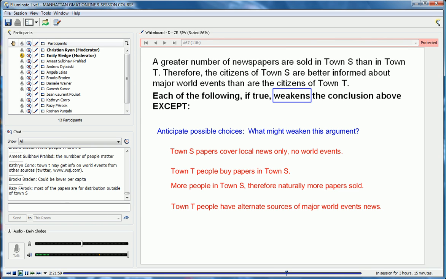Brooks, you want to add to that? Yeah, what I was thinking was that even though there's more sold in Town S, it might be a smaller percentage of the populace than in Town T. So, like, you could have everybody in Town T reading a newspaper, but if Town S is 10 times bigger, it'd be a smaller percentage. It doesn't mean the entire population is necessarily smarter.